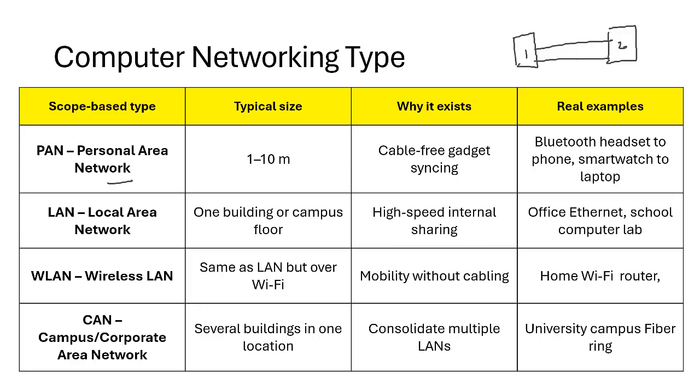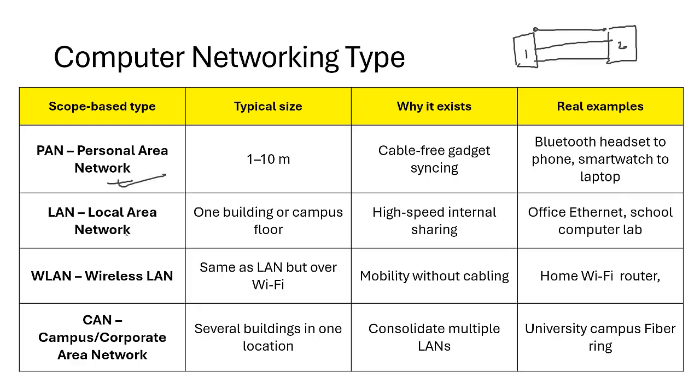We used to enable the Bluetooth connection on both sides and create a peer-to-peer connection, and through that we exchanged images and files from one mobile device to the other. The distance is very short, and that group of devices communicating by Bluetooth and exchanging data is called a personal area network.